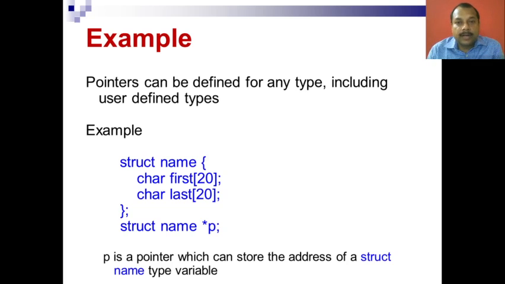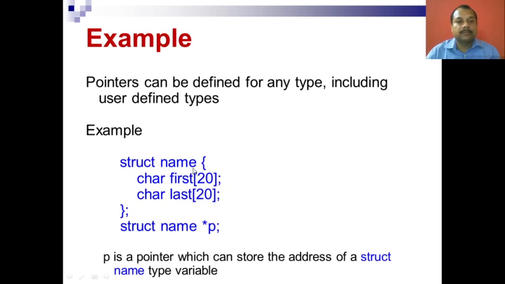Now here I am extending the pointer concept for a user defined data type, which is structure. Okay. So far I discussed in the context of basic data types like character, integer, double, float. Now I am extending it for a user defined data type, which is structure. You know how to define a structure, and this is a simple example of a structure where only two member variables are there, first and last, and the name of the structure is name itself.